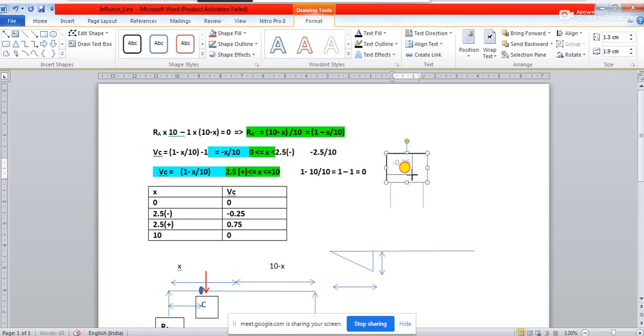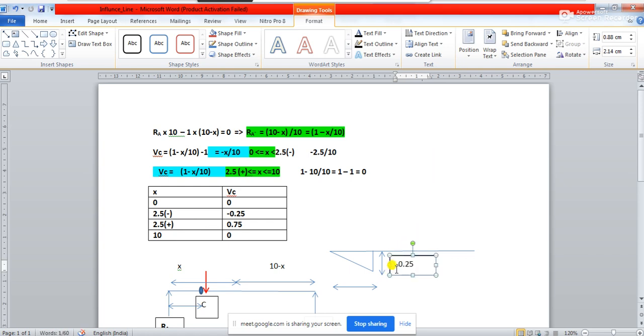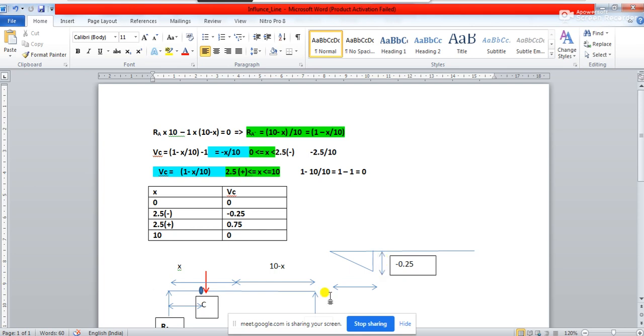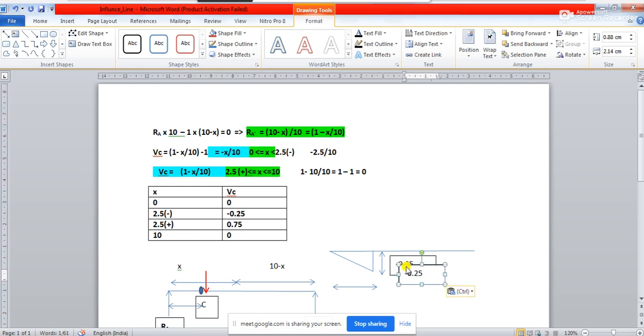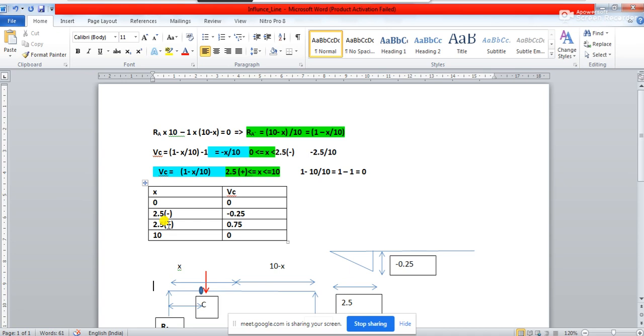Sorry, so see this value is going to be minus 2.5. Is it clear? And the distance from here to here is how much? The distance from here to here is going to be equal to 2.5. Okay. Now what happens at 2.5?